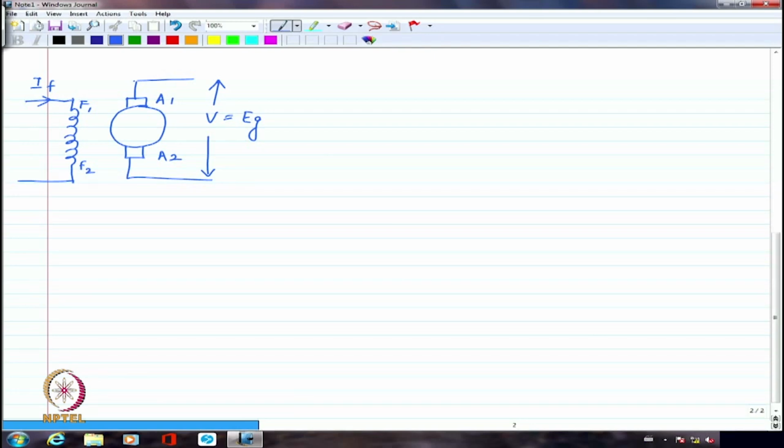At the given value of field current, I will be able to measure the generated voltage, which indirectly implies the value of flux produced in the machine for this given field current. Of course, I have to drive this machine at some omega. If I don't have a prime mover, it is definitely not going to generate any voltage.